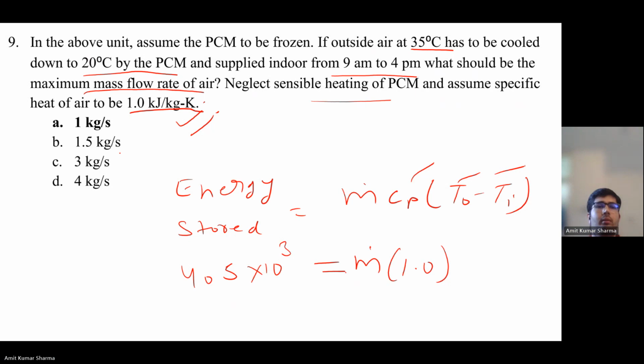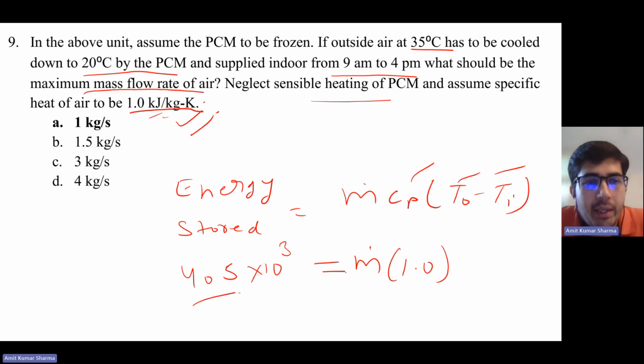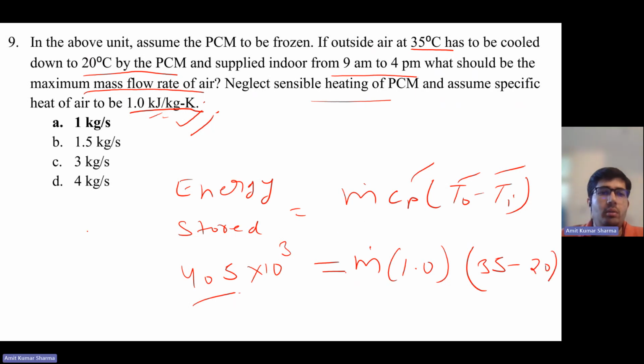Actually, we have Cp in kilojoule, that's why we write this energy in kilojoule, because it was 405 megajoule. Now the outdoor temperature is 35 minus indoor temperature 20.